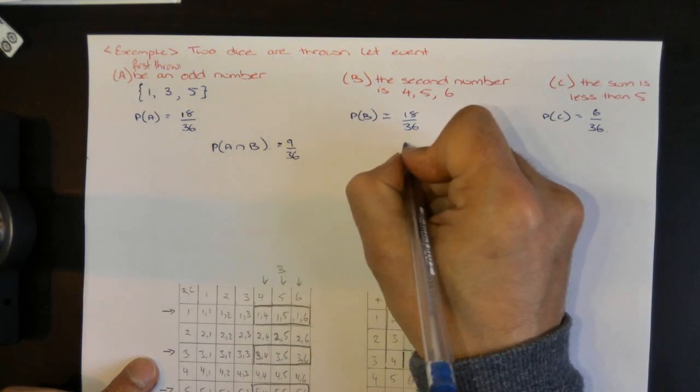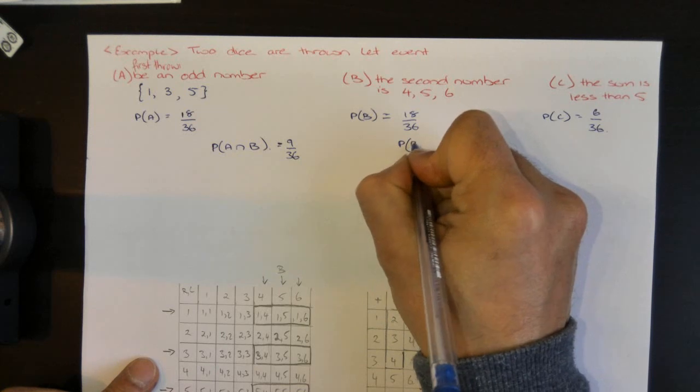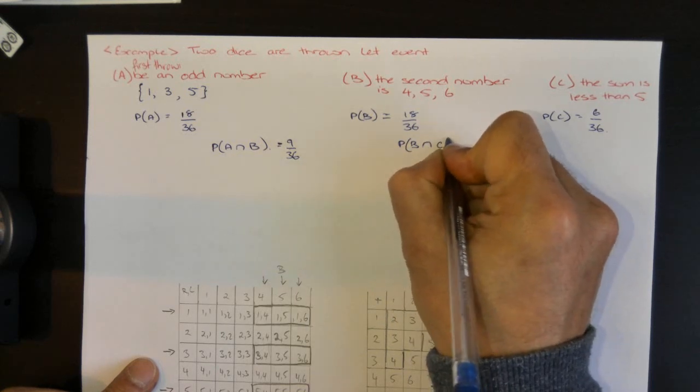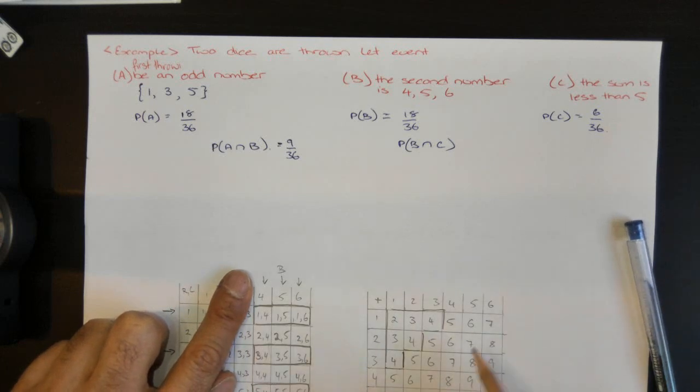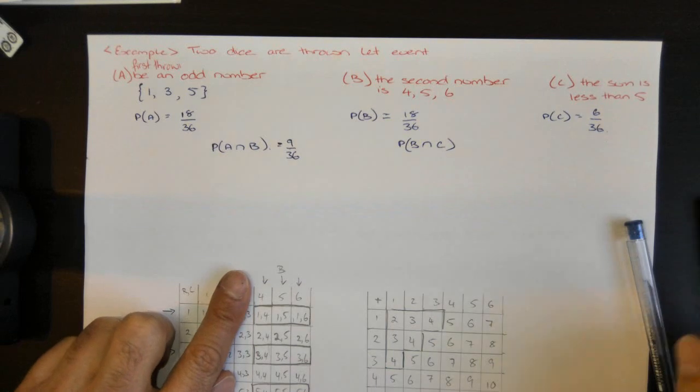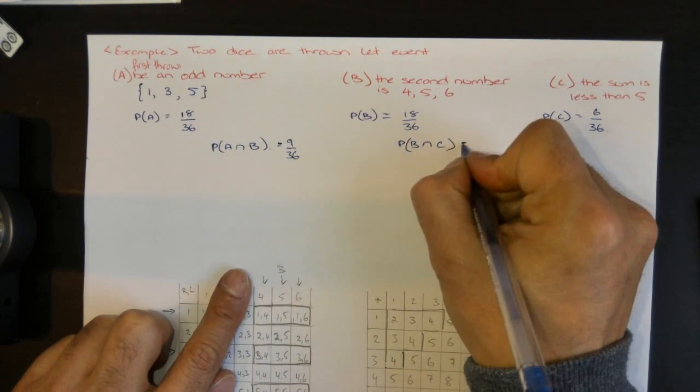So now we want B intersected with C. So we've got these ones, and then they add up to the sum is added up less than 5. Well, that's 0 because there's no overlap.